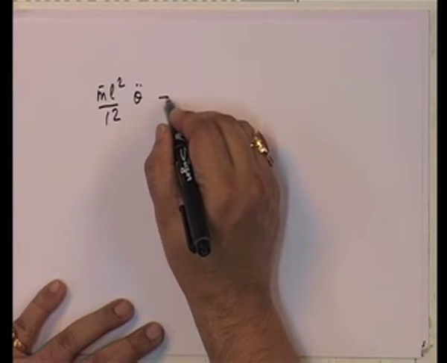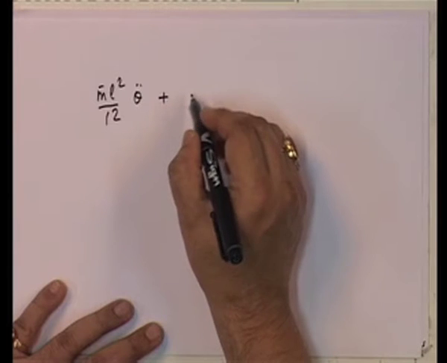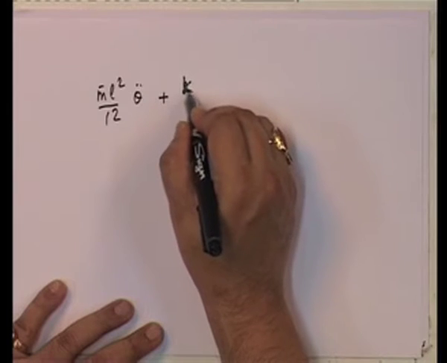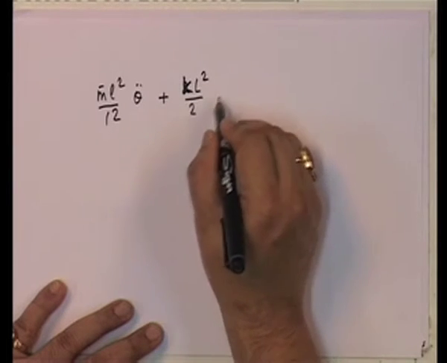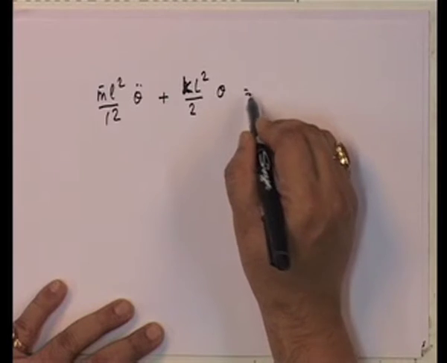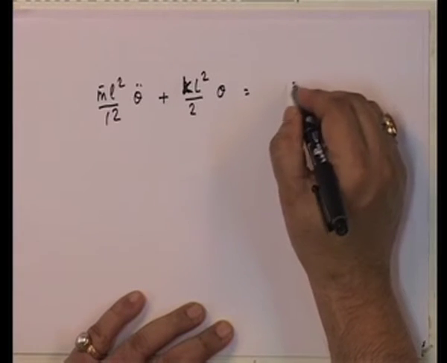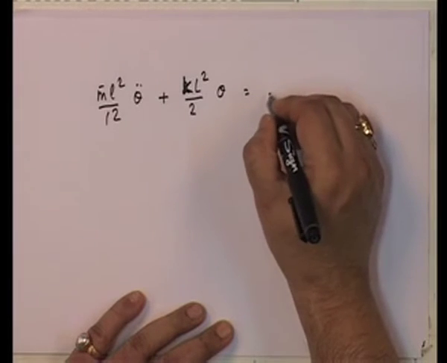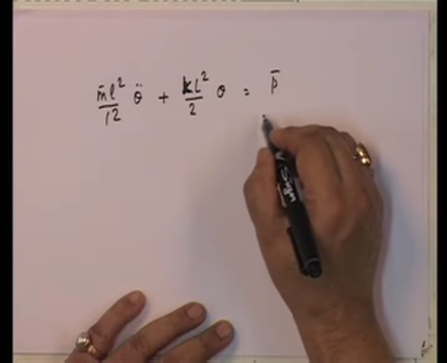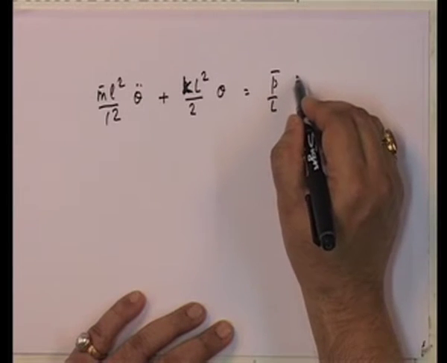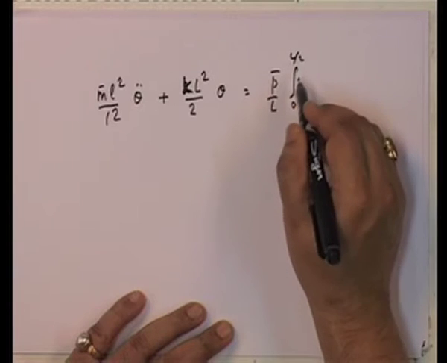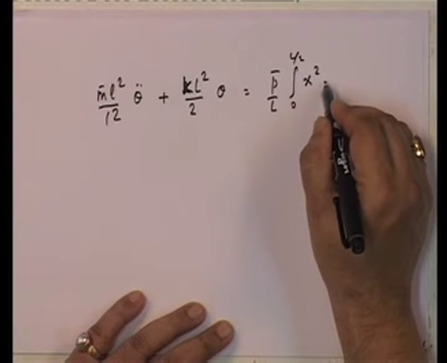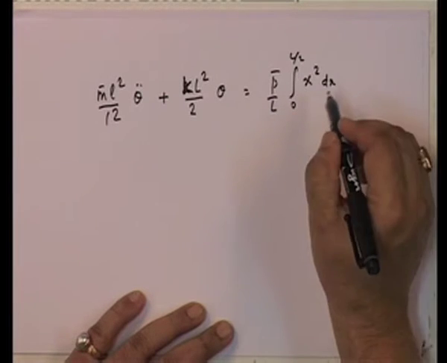So, plus now k L by 2, so this becomes 2 into L squared. So, this becomes k L squared upon 2 theta is equal to, now the integral over here basically becomes p bar x upon L. So, p bar upon L goes outside, and this goes from 0 to L by 3, and this is x squared dx.